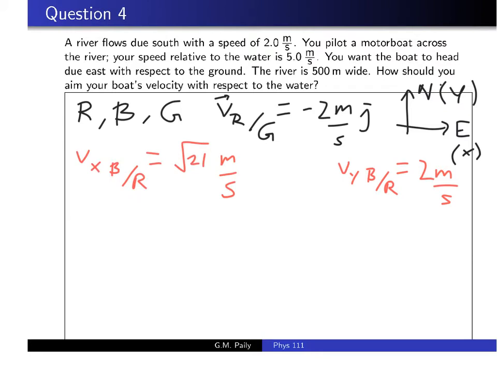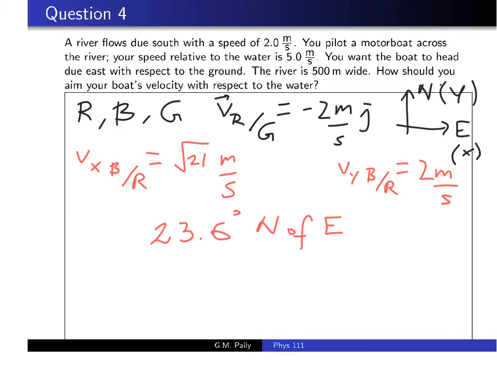Since we now have the x component, the y component, and the magnitude of this vector, we can calculate the angle. Using arctan, we find that the direction of the boat's velocity with respect to the river is 23.6 degrees north of east.